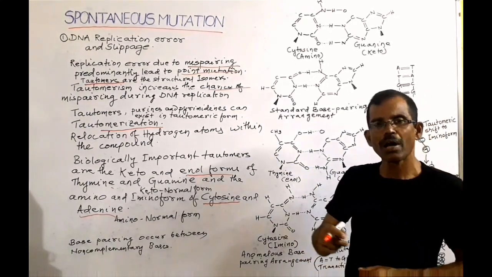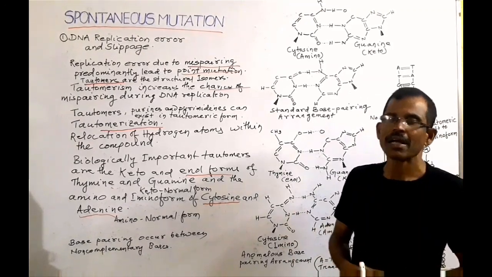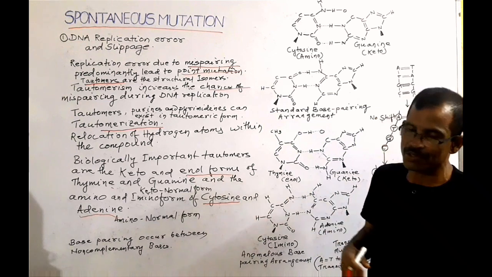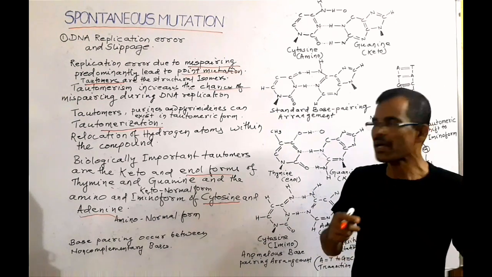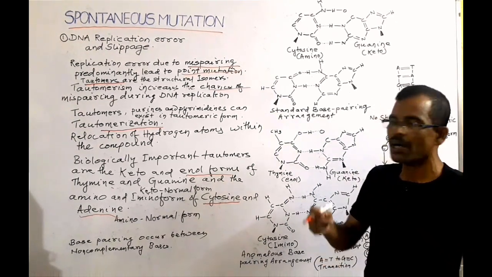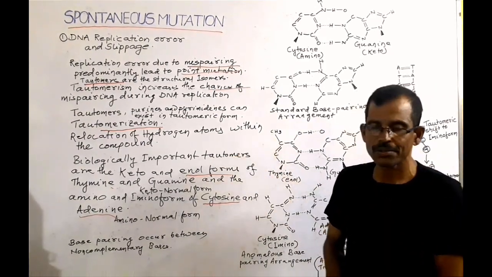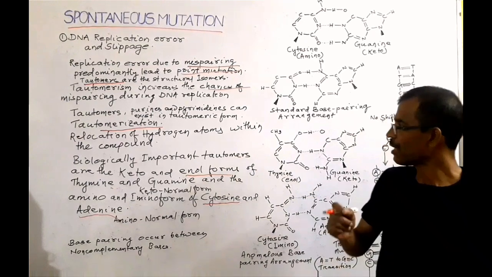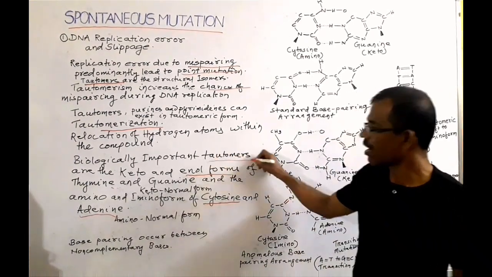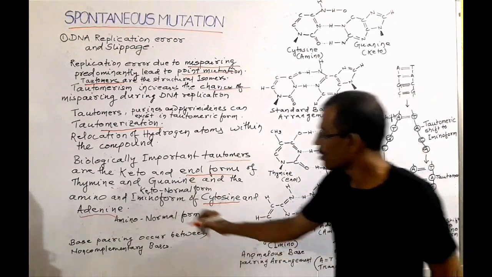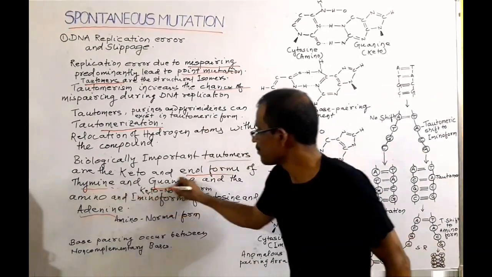So both purines and pyrimidines can exist in the form of various tautomers. The tautomerism arises due to the relocation of hydrogen atoms within the compounds. Biologically important tautomers are the keto form and enol form of thymine and guanine.